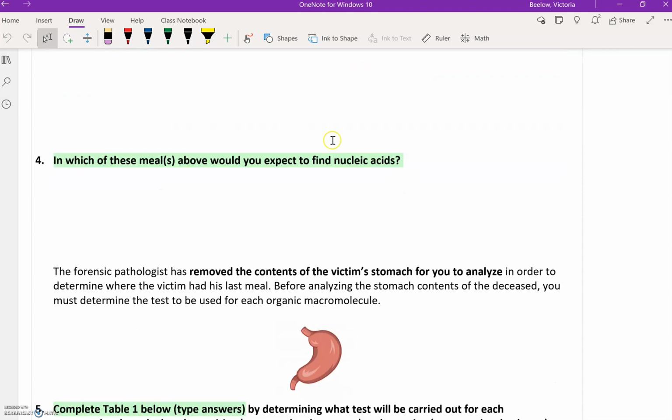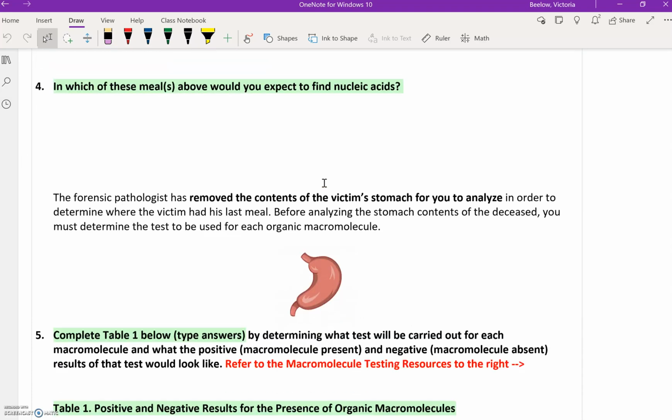And then also, there's a couple more questions. Answer this one: which of these meals above would you expect to find nucleic acids? Use your notes to help you with answering some of these questions.